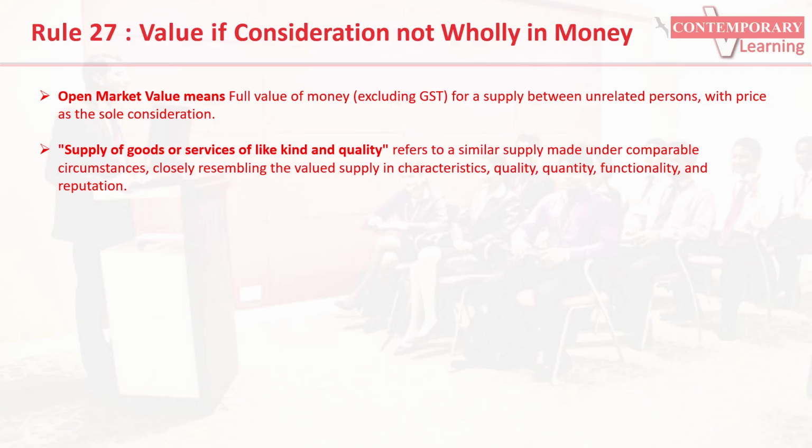Supply of goods or services of like kind and quality refers to a similar supply made under comparable circumstances, closely resembling the valued supply in characteristics, quality, quantity, functionality, and reputation. These definitions ensure consistency in valuation across similar transactions.